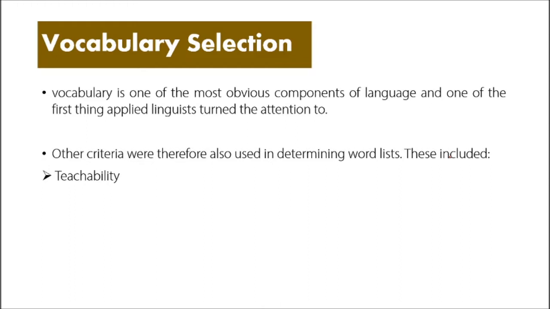We have the first one, teachability. Teachability means that in early age, concrete vocabulary is taught early on because it is easy, it can be easily illustrated through pictures or by demonstration.